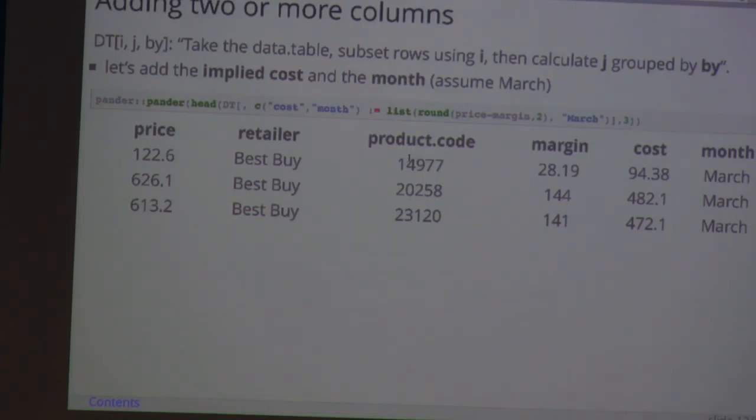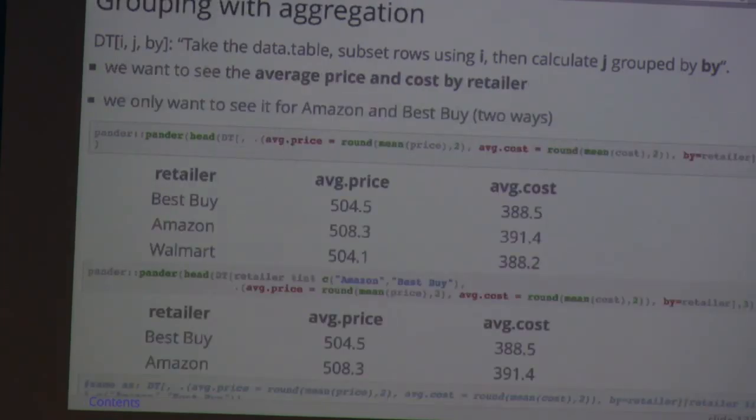You say, hey, I want my cost to be price minus margin. Obviously, in reality, it's the other way around. You have a cost figure, you figure out the margin. We're going a roundabout way. But we say list, and we list out the formulas sequentially that belong to these new columns that we specified. And that's it. And we just assume that the month is going to be March.